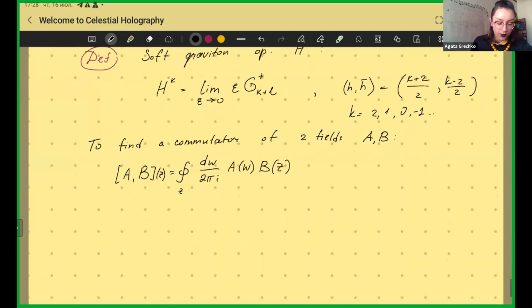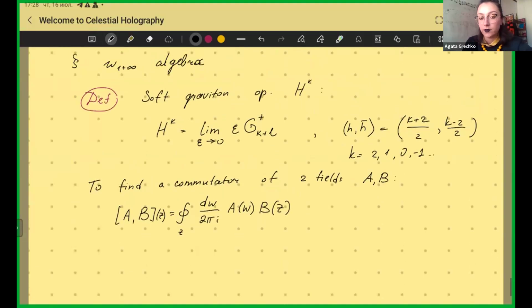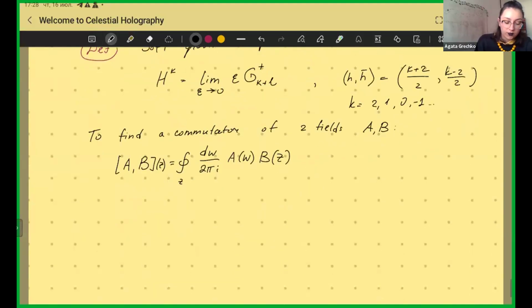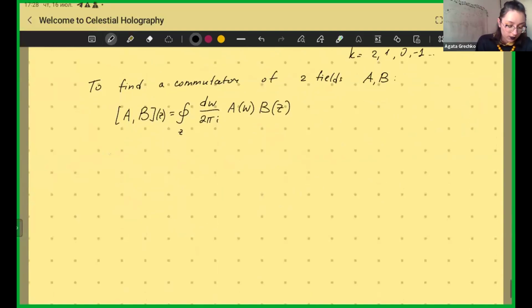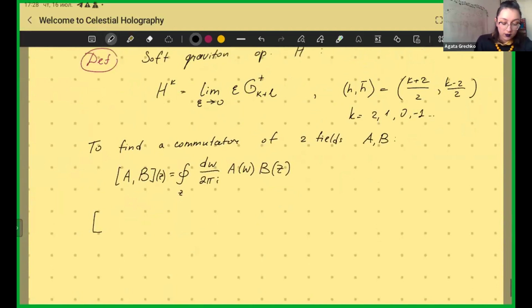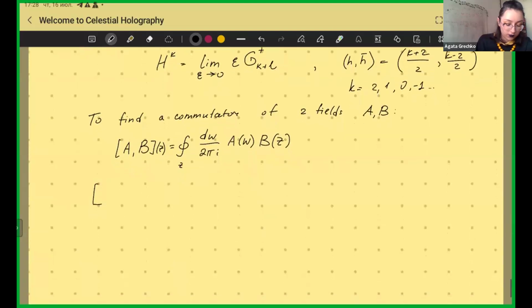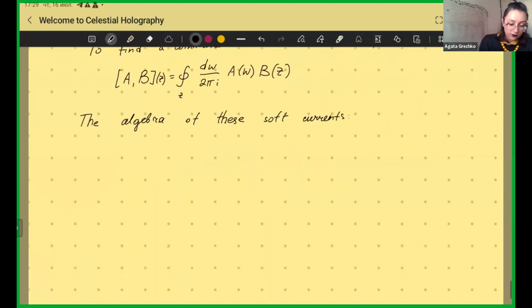So now, soft gravitons, we remember, have different modes. There is leading soft graviton, subleading soft graviton, subsubleading soft graviton. So we can compute the algebra of these soft gravitons, of their currents, as follows.